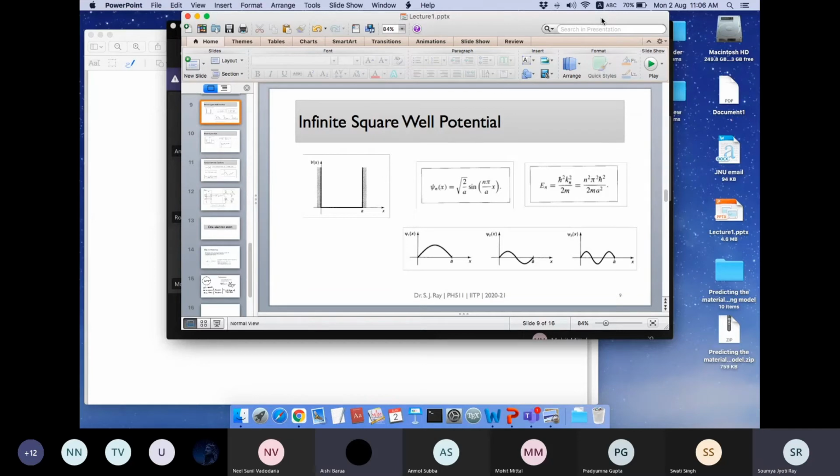The particle never has zero energy. What has zero energy? Can you repeat it? Hello?